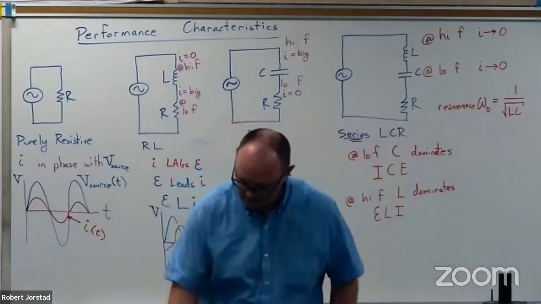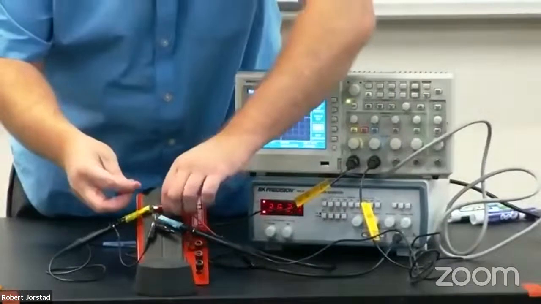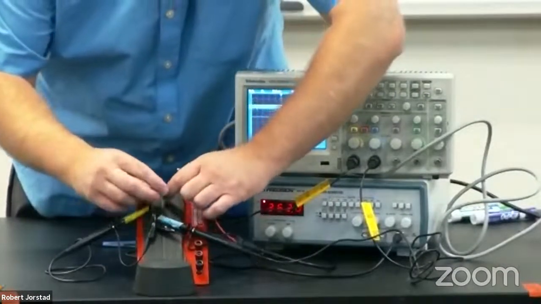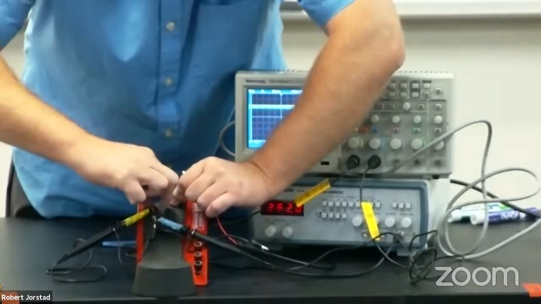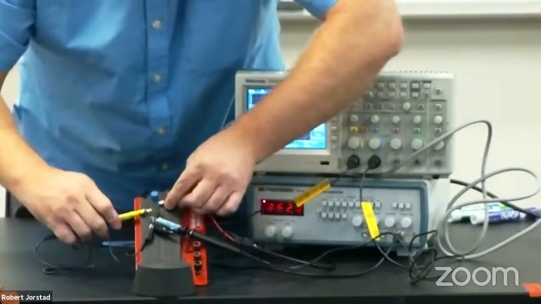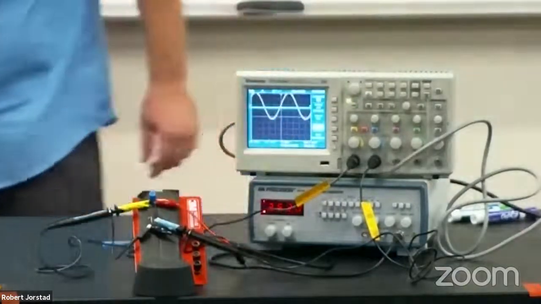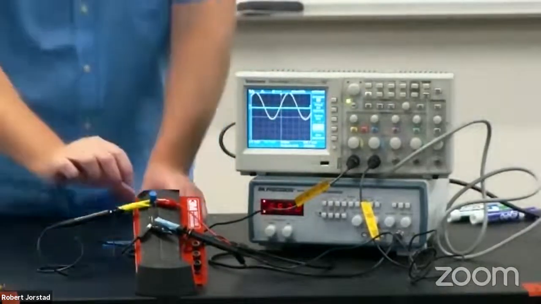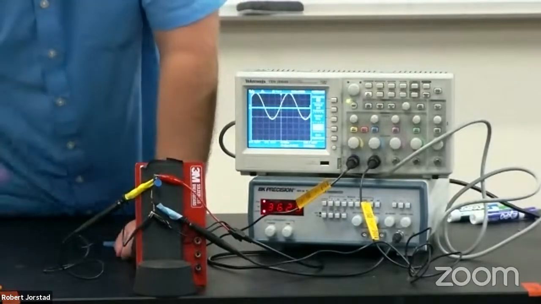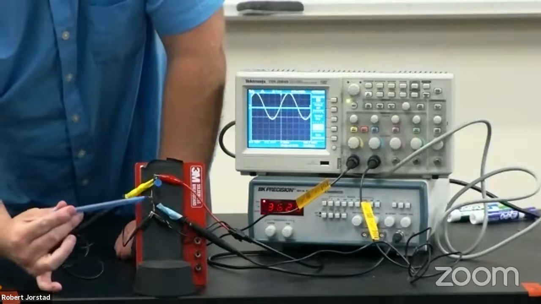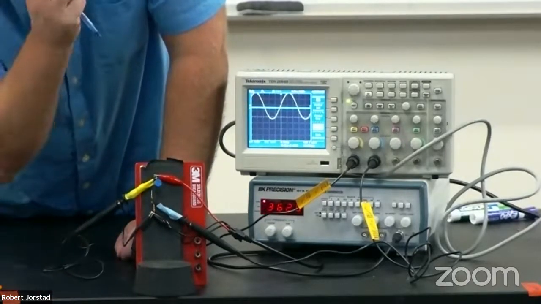So now what I'm going to do is go back to here. Okay, can we still see this? All right, just so you can see, the circuit's getting kind of messy here. Now what I've got is a resistor, a capacitor, and an inductor. I'm going to show you a simulation in just a second.